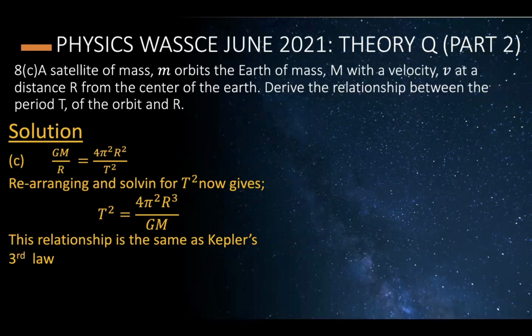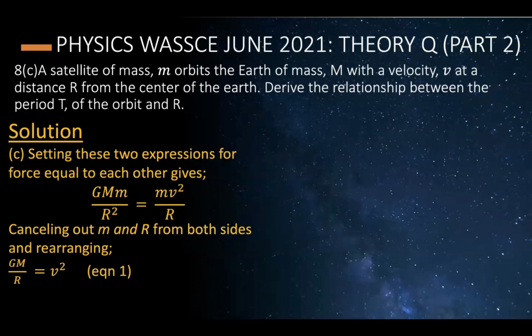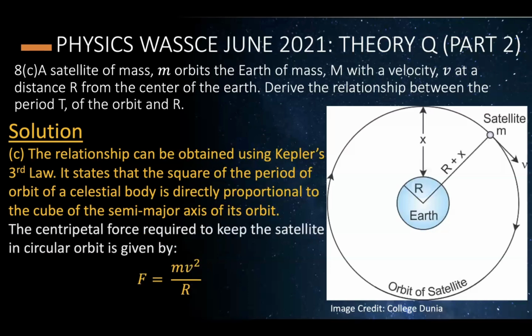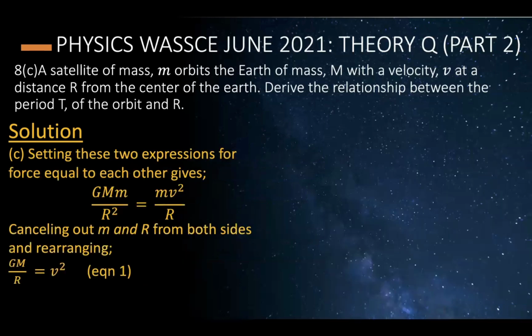However, the derivation: stating Newton's gravitational law, stating the force that is involved, stating the centripetal force, this gives you 1 mark each, depending on the full mark assigned. It could be half marks.